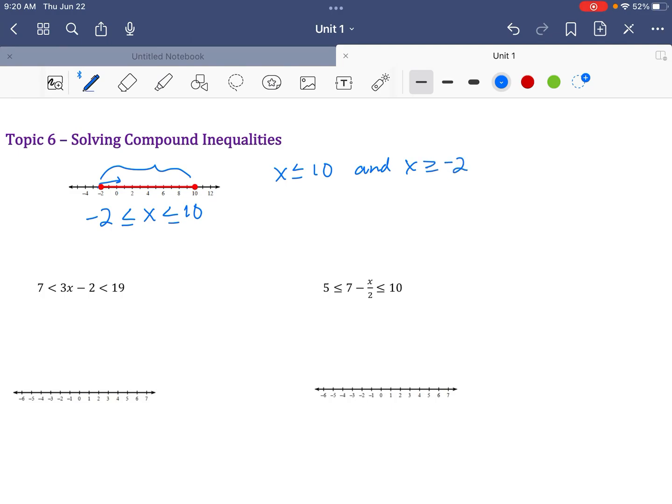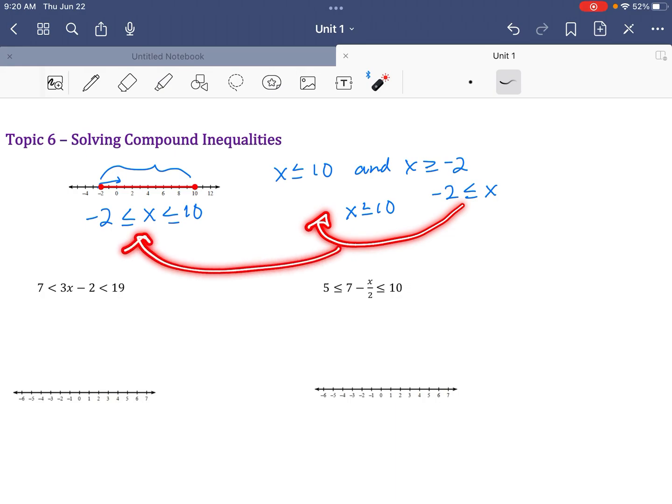So realize what's happening here. X is less than or equal to 10. And what's happening is that this part is getting turned around and put over here. So if you were to flip this around, I don't know why you would normally, but if you flipped this around and you put -2 on this side and x on that side, you'd have to flip the symbol as well. So hopefully you can see that that's what's being done here, and this is just being put to the other side to make our whole expression.